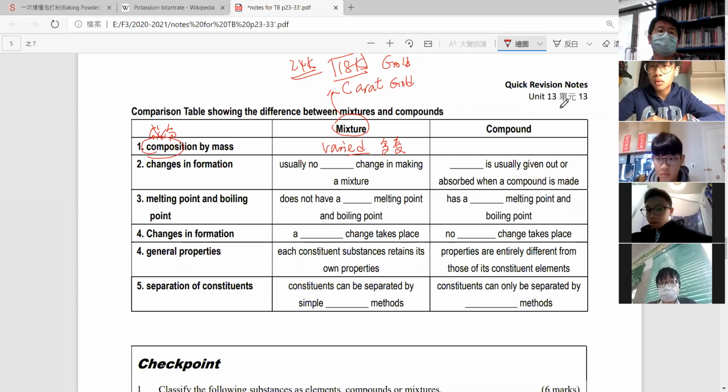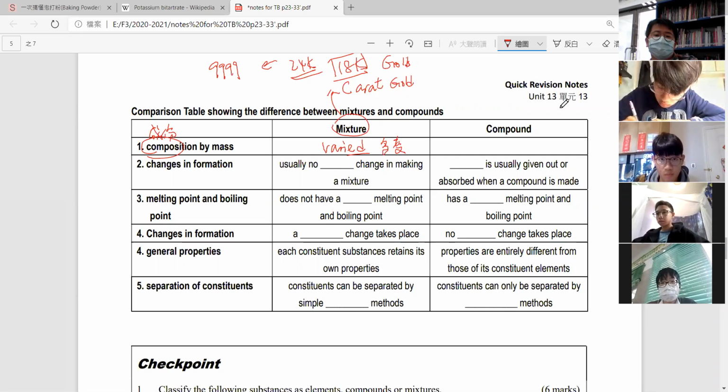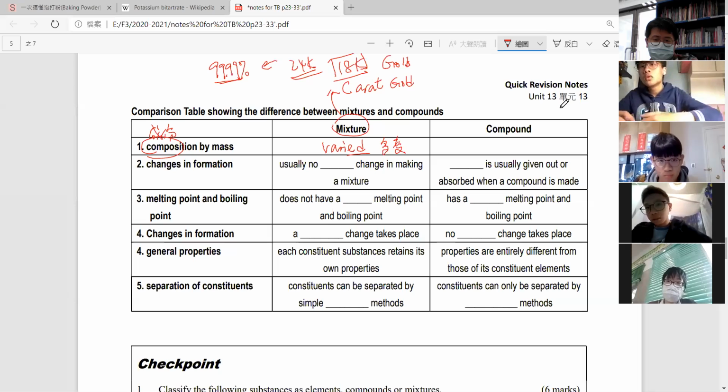Do you understand? 24. Now, indeed, you may have heard of that term 9999. 9999 gold, right? Why do we say 9999 gold? It is because of the percentage. It's 99.99%. Okay, it's nearly pure. So 24 karat gold means that it is nearly pure gold.